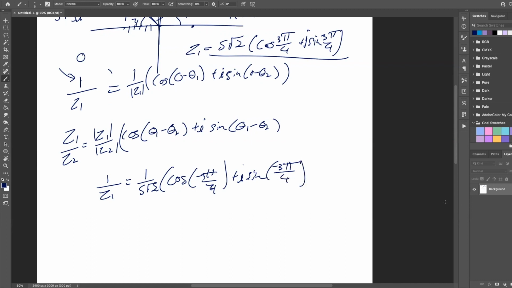So if you just do 1 over that, you divide by your magnitude and negate your argument. I said theta for you guys most of the time. I know it's arguments because of complex numbers, but it's the same concept.